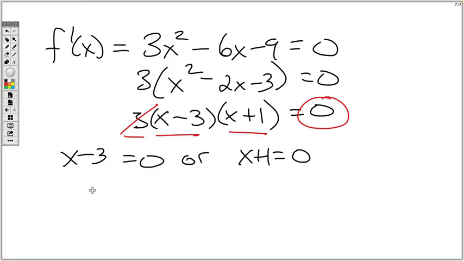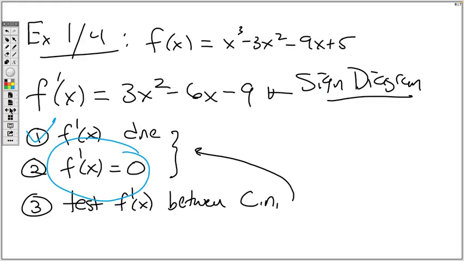From x minus 3 equals 0, we get x equals 3, and from x plus 1 equals 0, we get x equals negative 1. So this is where the derivative is 0. Now, to make a sign diagram for the derivative, we're going to put the critical numbers up there, and then we're going to test in between.